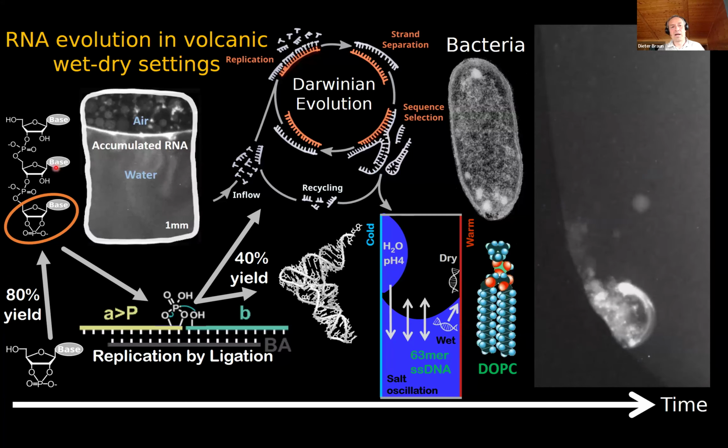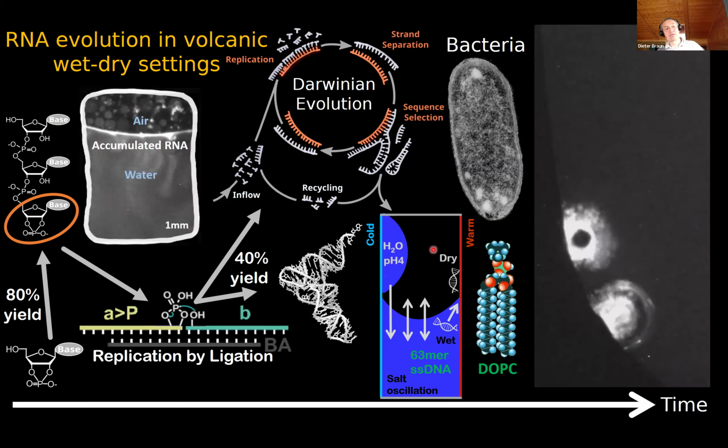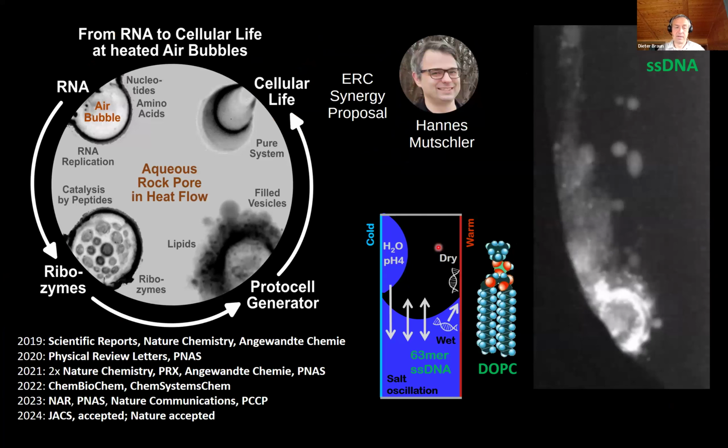So while we have devised this setting here to go for RNA, it seems to be also fit way down the road in evolution to make cellular structures. So the thing which emerges, and we now have a proposal written up with Hannes Mutschler, who's an expert in RNA and ribozymes, and more the biological side, like pure systems, how machineries purified from modern cells operate, is that we would have air bubbles, they would have RNA, and the RNA here would hopefully replicate.